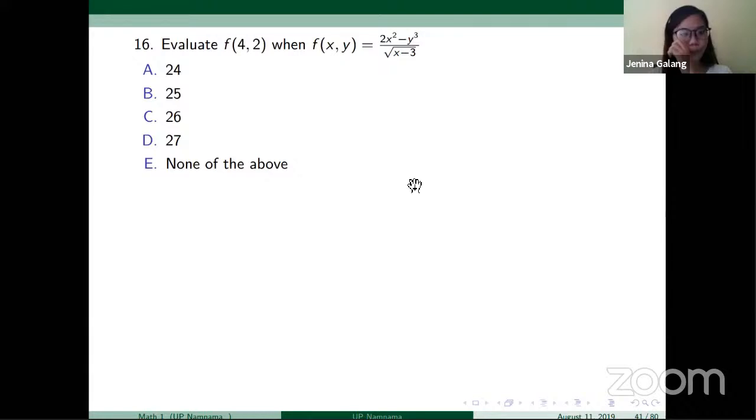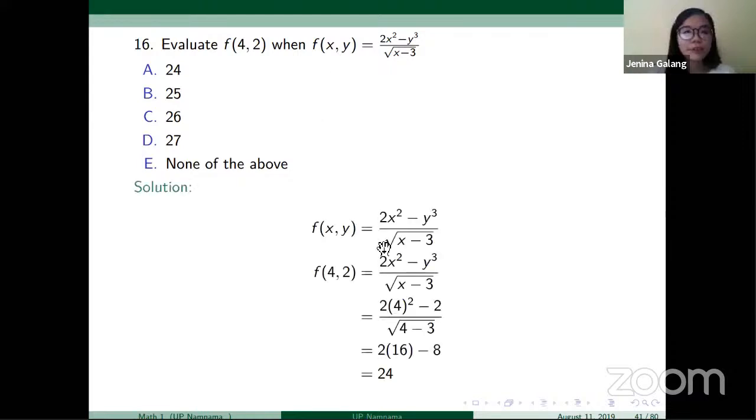So next, number 16. So evaluate f of 4, 2 when f of xy equals this expression.